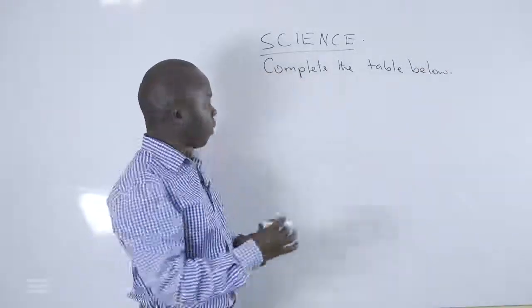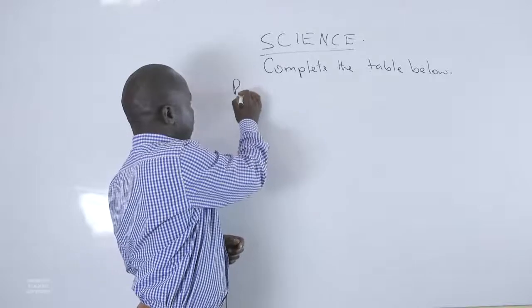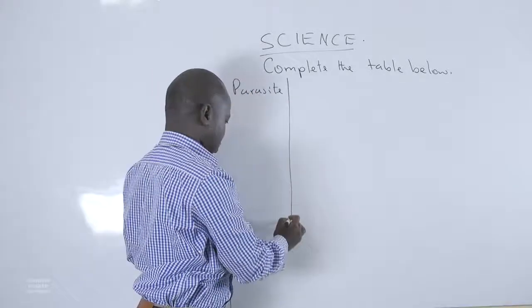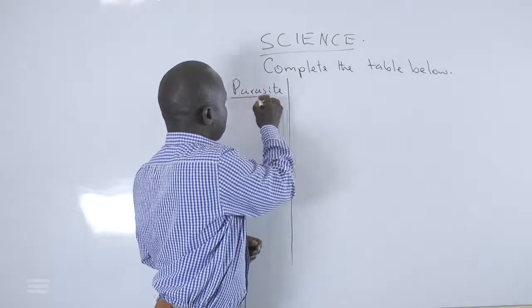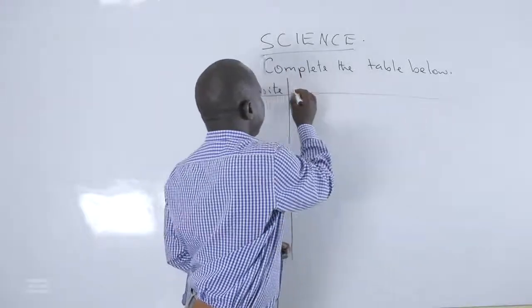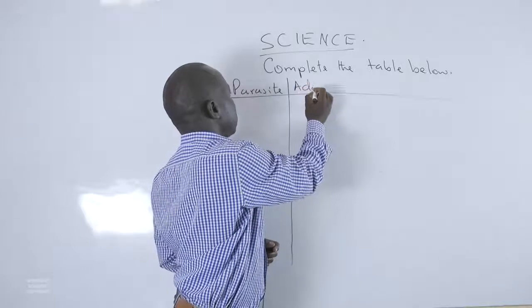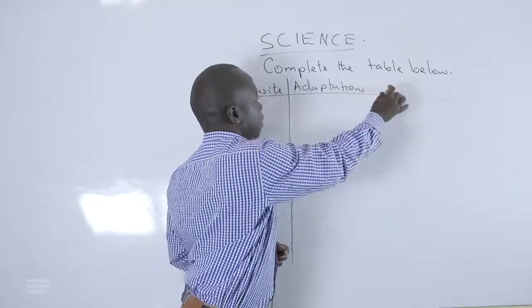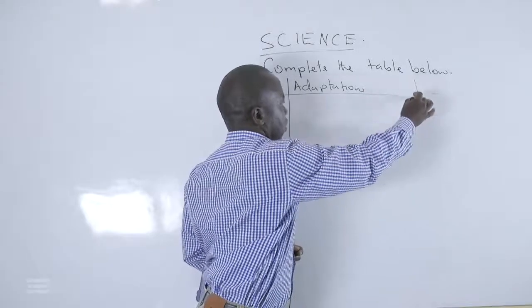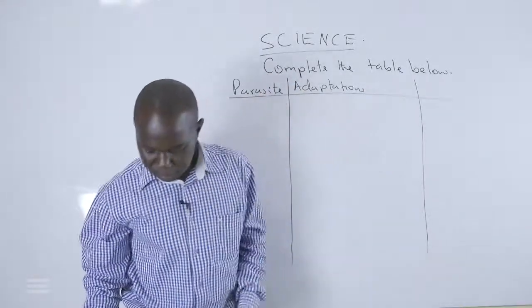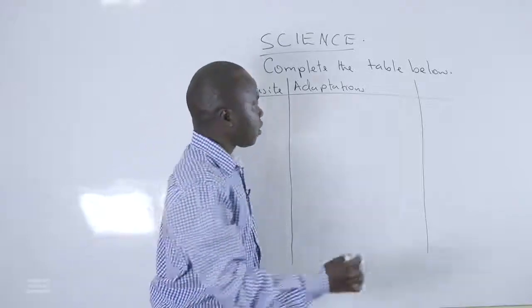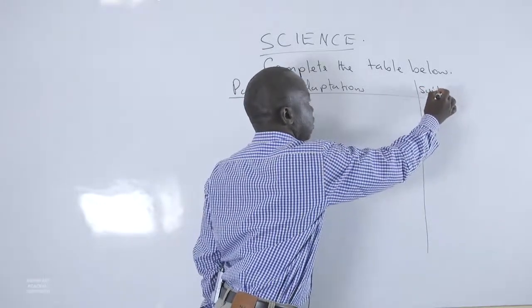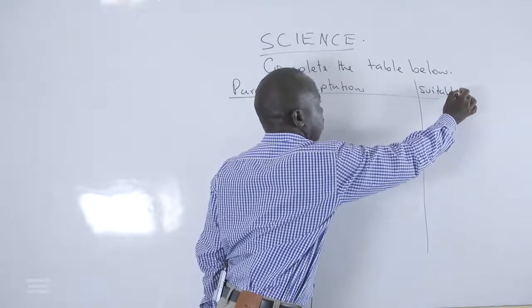Complete the table below. We have the parasite, we have adaptations of the parasites, and then the other column is showing host, suitable host.